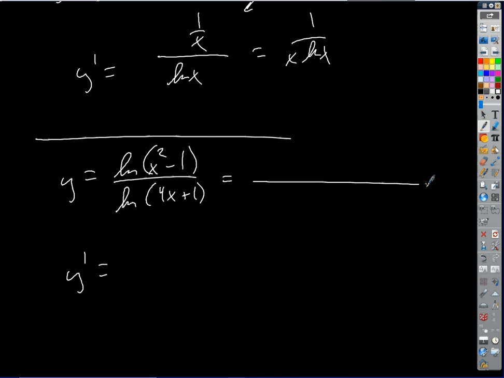We've got low d high, so I've got the bottom times the derivative of the top, right? So the derivative of the top is going to look like u prime, what's that? 2x, divided by u, which is x squared minus 1, right?